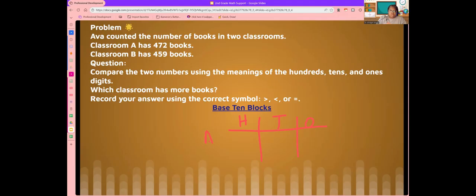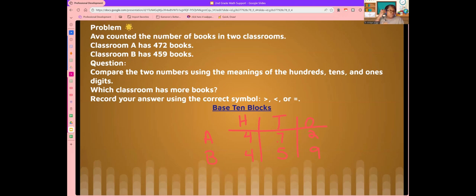So classroom A, classroom B. Classroom A had 472, so 472. Classroom B had 459, so 459.